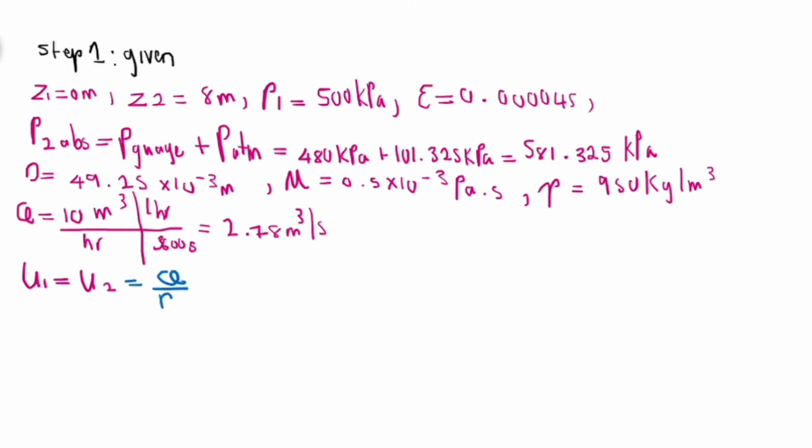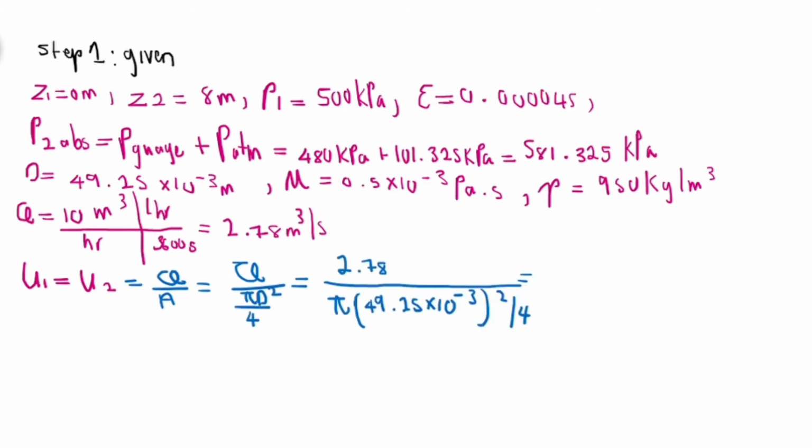This can be further substituted by representing area as pi diameter squared over 4. If you punch this onto your calculator, you should get 1.458 meters per second.